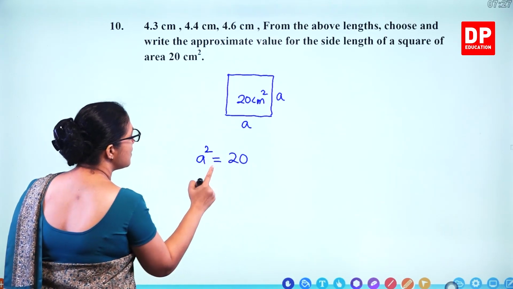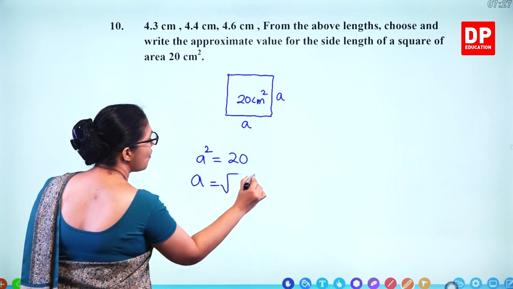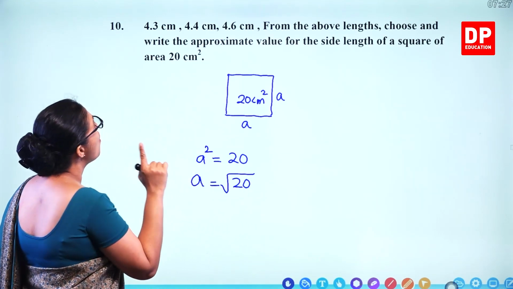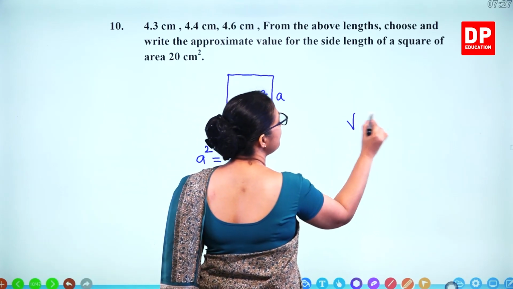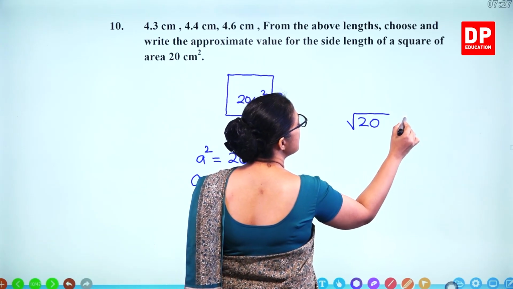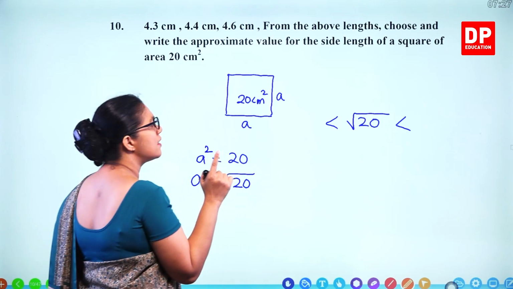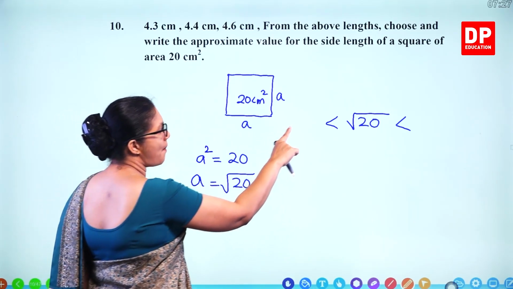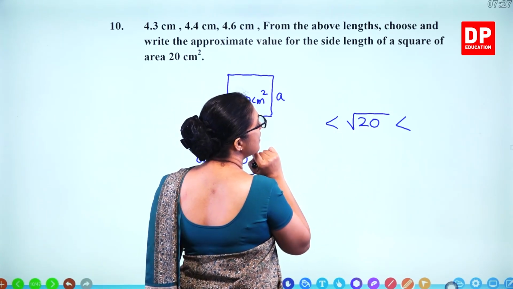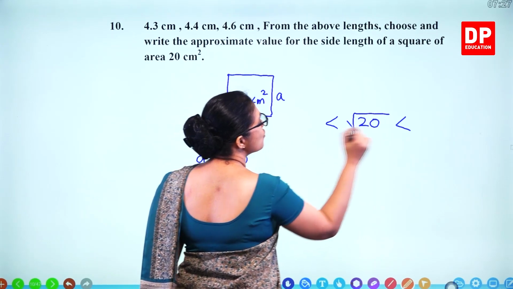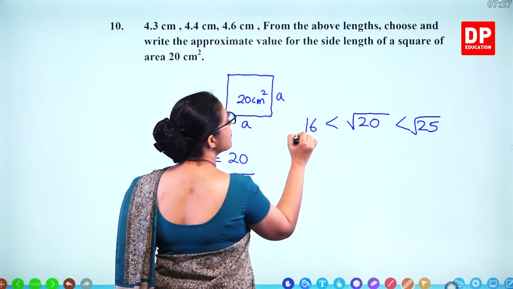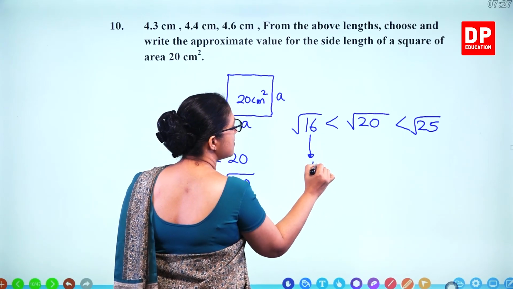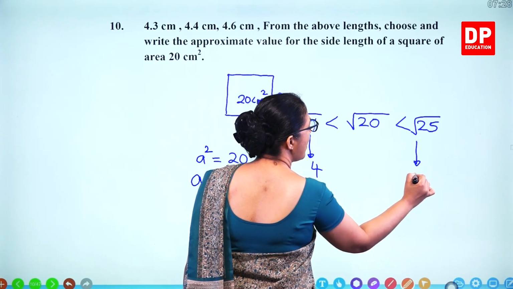So they are asking what's the square root of 20? Correct to 1 decimal place. So how you do that? Square root of 20. What are the 2 values? The square numbers. They are closest values. So 25 square root is there, then 16 square root. So that means this is in between 4 and 5.